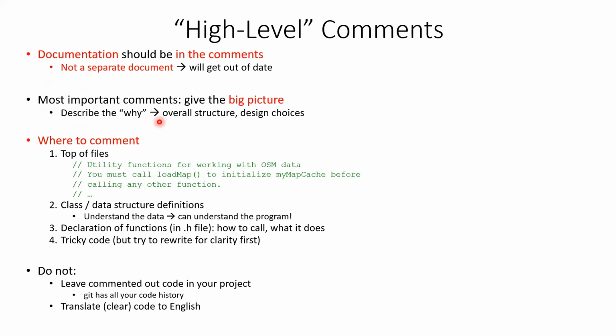The most important comments will give the big picture of the code, and describe the why of the code, not how, because the code themselves will describe how. It will describe the overall structure and design choices.